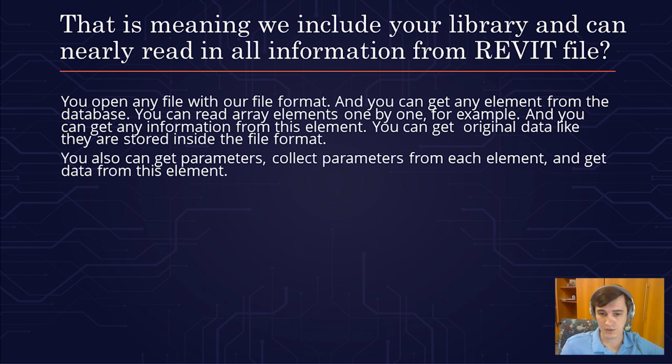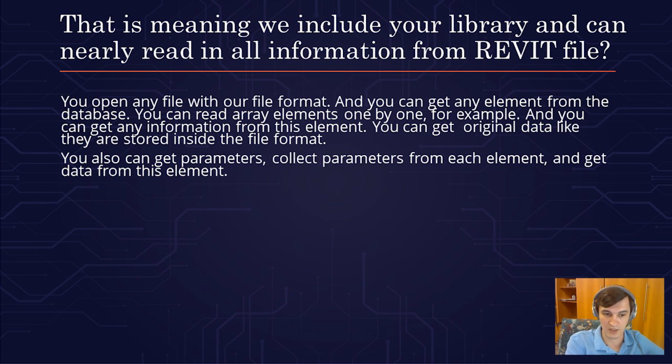And this is a continuing question about C#. You open any file with our file format, and you can get any element from the database. You can iterate over elements one by one, for example, and you will get any information from this element.